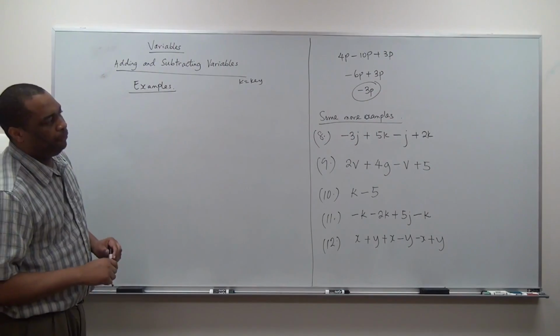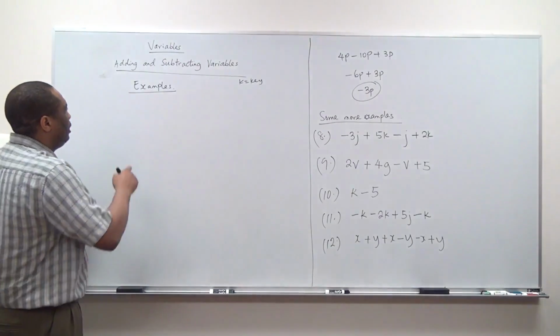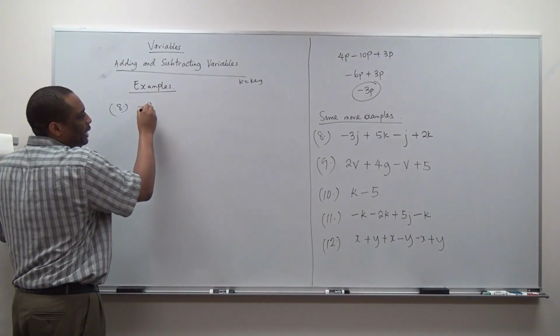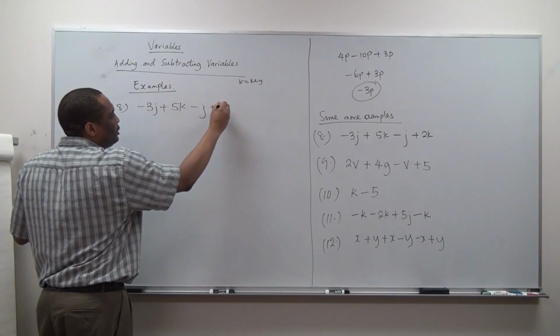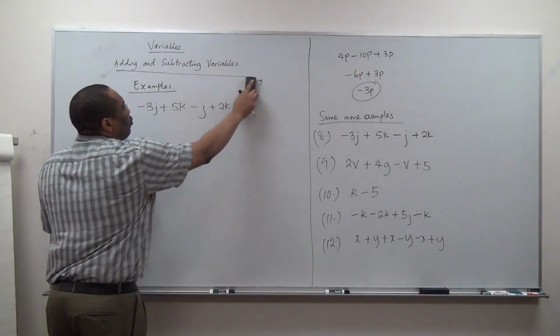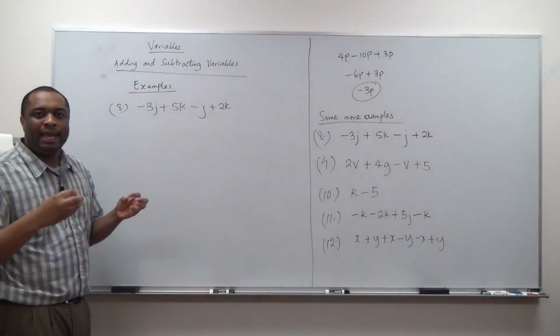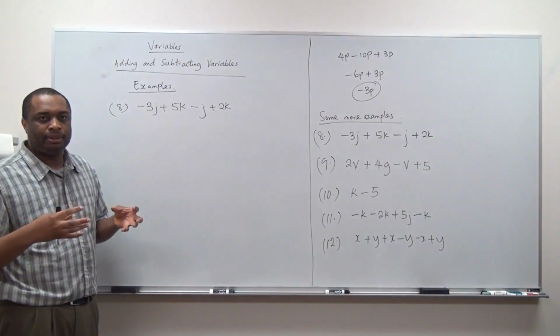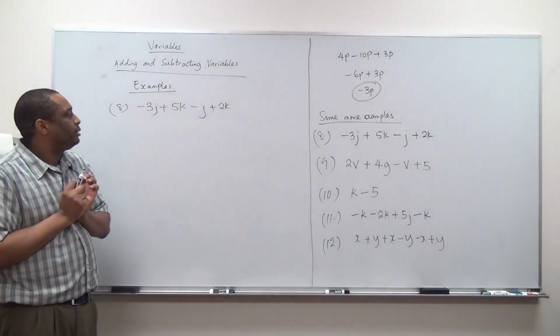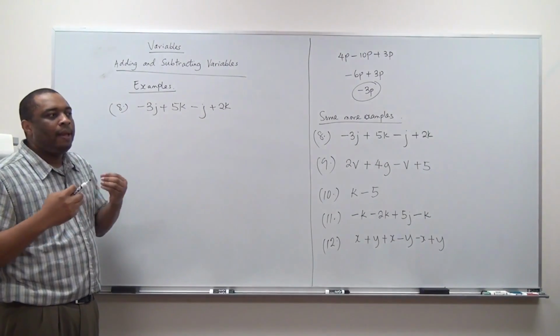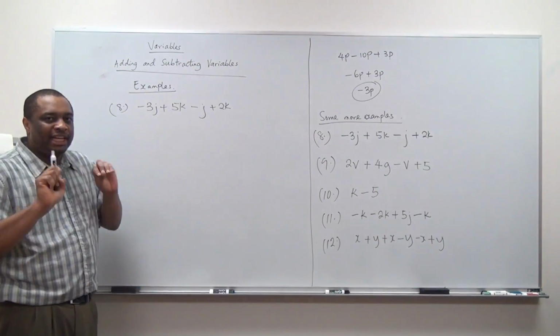Okay, if we look at these problems, number 8, negative 3j plus 5k minus j plus 2k. Now, here we have a mixture of both like and unlike variables. So what do we have to do? We get the like variables, we get the unlike variables, but we don't change their signs.